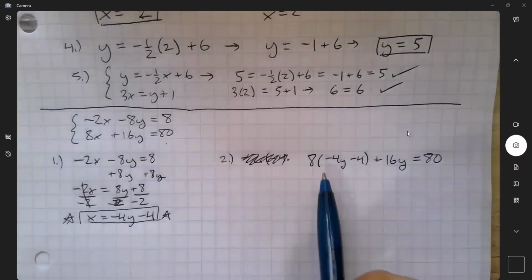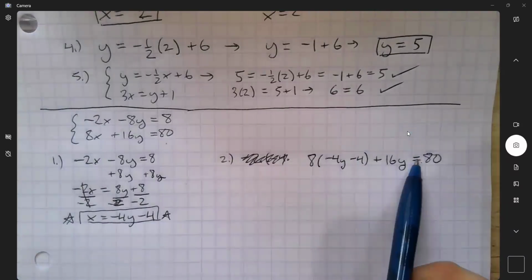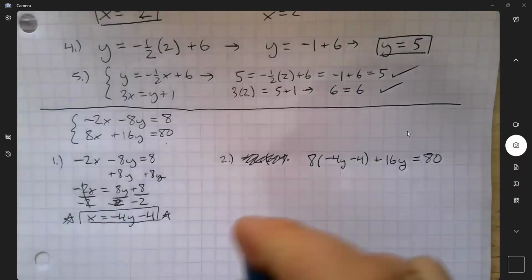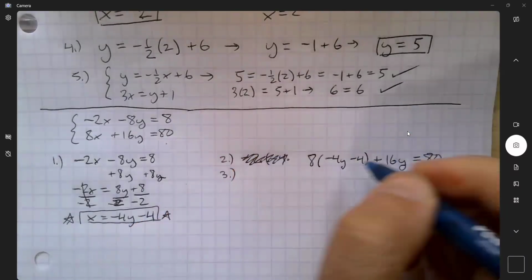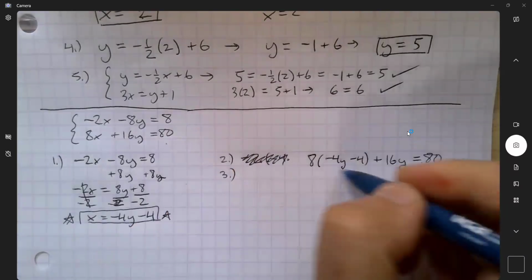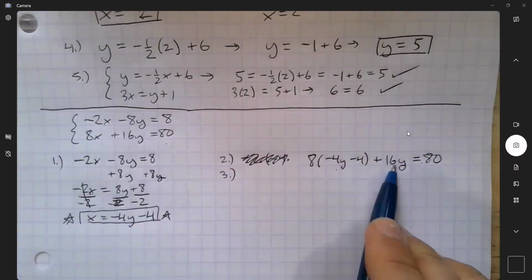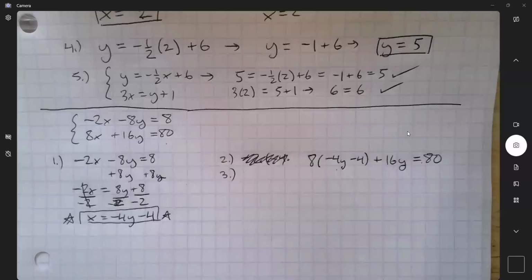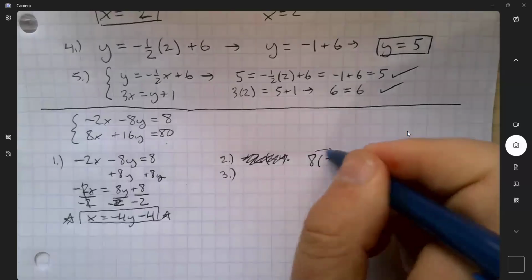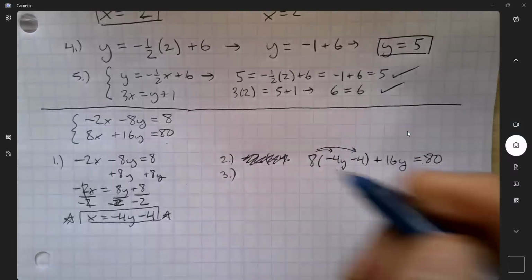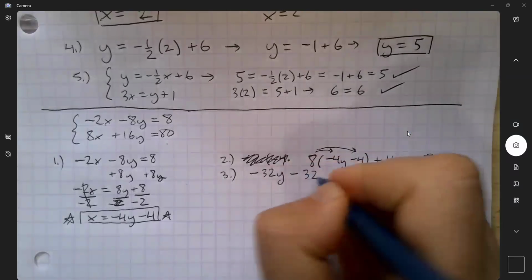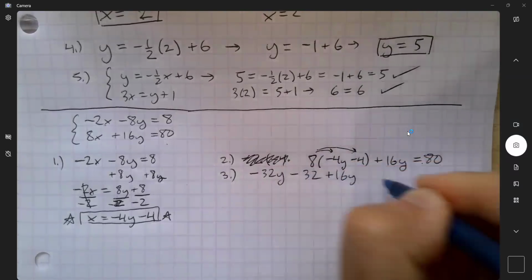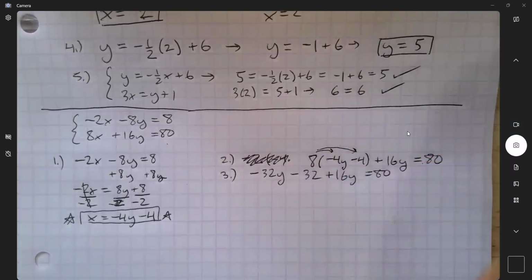Now I have one equation, one unknown, but I need to simplify this a little bit so that I can solve it. So you can either see that as part of step 2 or part of step 3. So I'm going to solve this equation for y. There is a lot going on, but if I take it step by step, I should be okay. First, I'm going to distribute the 8 across the parentheses, and I get negative 32y minus 32, and then I still have the plus 16y equals 80.